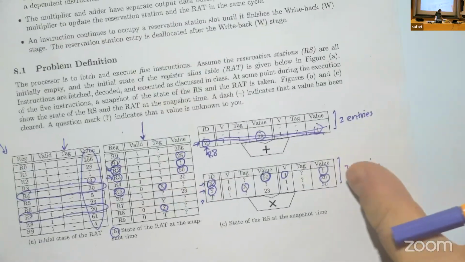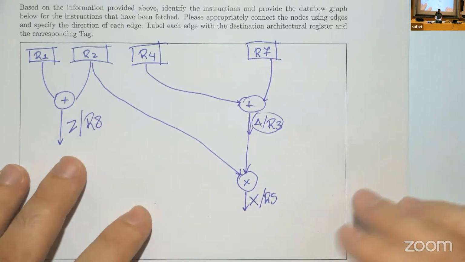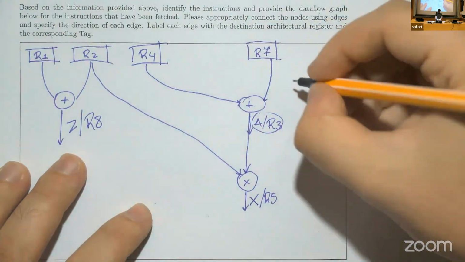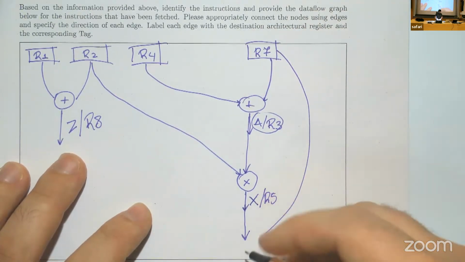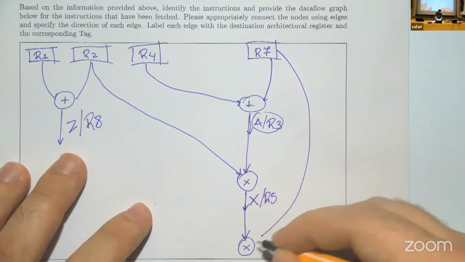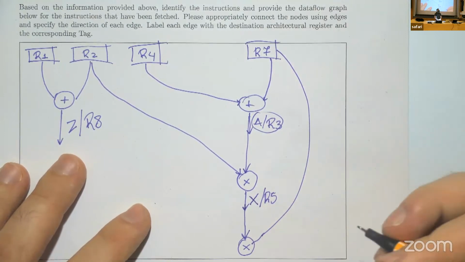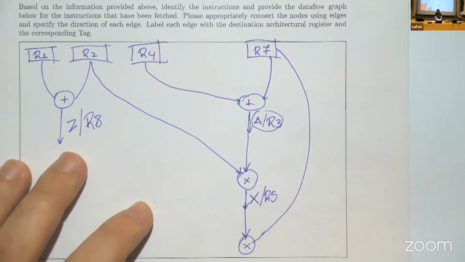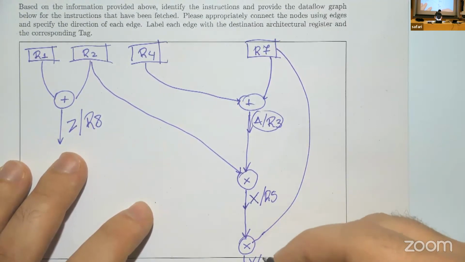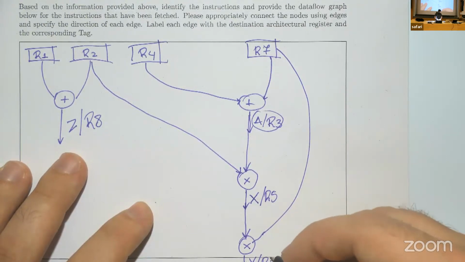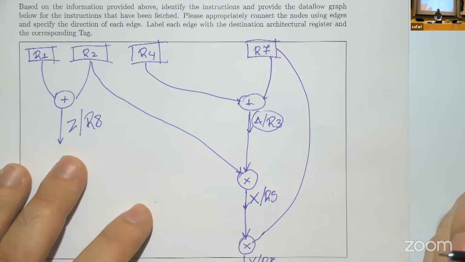So what do we do here? We used R7 as a source. We multiply it with X, right? And we end up in Y, R7. Okay.